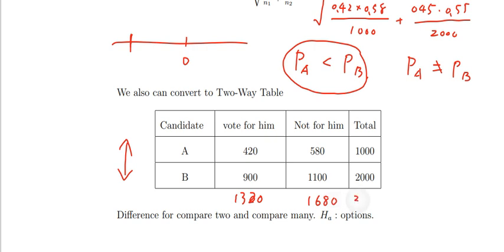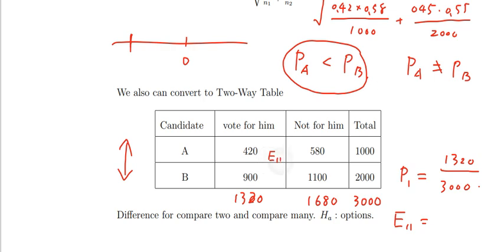And totally 3000. Okay, so we can find the percentage. This percentage is 1320 over 3000.